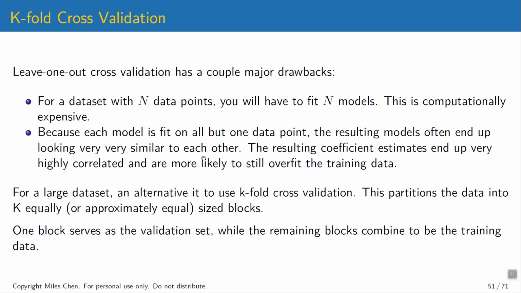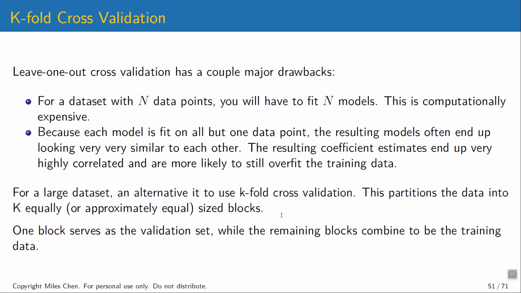Okay, and so one way to avoid this is using k-fold cross-validation. Okay, and k-fold cross-validation will take your entire data set, and rather than saying one observation is the validation point, you're going to maybe take your entire data set, split it into like 5 chunks or 5 blocks, k of these blocks, and each block gets a turn at being the validation set.